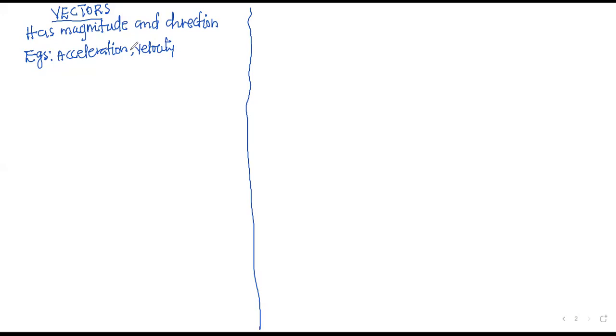So, velocity, momentum, displacement, force, weight.